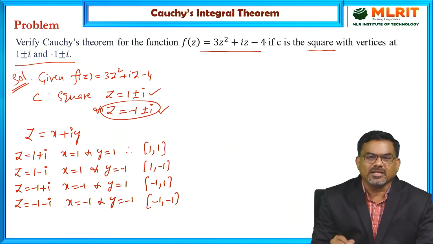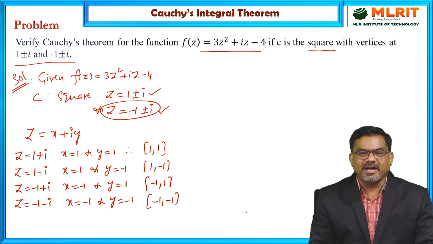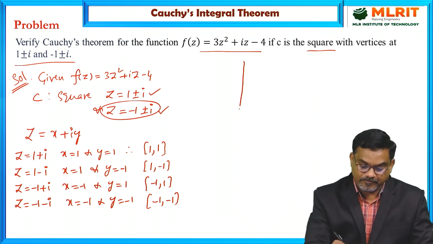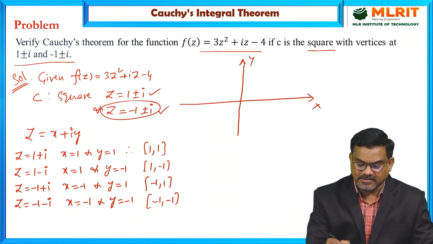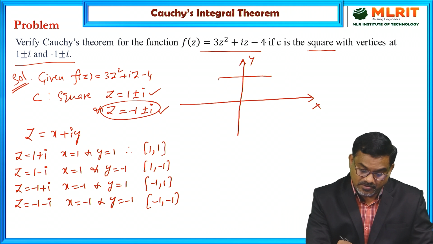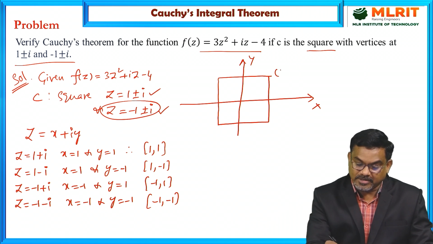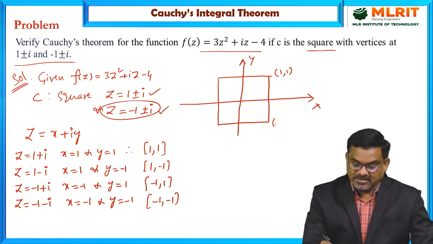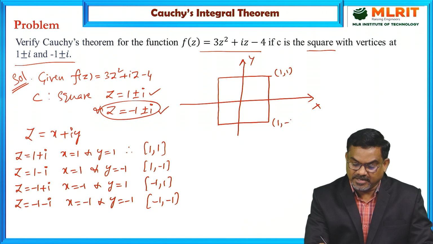Now, if you draw the graph of the given curve, you can identify the limits of integration. Let us draw this square. X-axis, y-axis, and now it is a square. Here this is the point 1 comma 1, both positive. Here x is positive but y is negative, so that point is 1 comma minus 1.